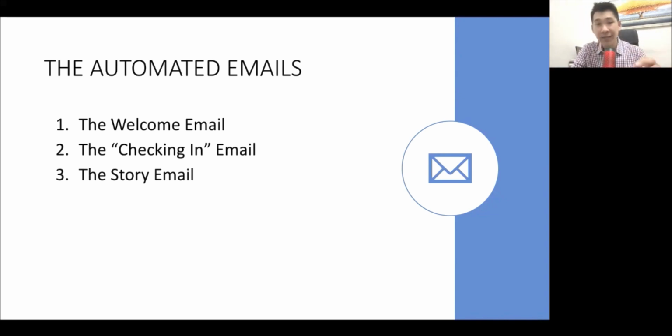Let's say they request your free offer on Monday, so they receive the welcome email. On Tuesday, they'll receive the checking in email. But the story email doesn't have to go out on Wednesday. It can go out on Thursday, or it can even go out on Friday.